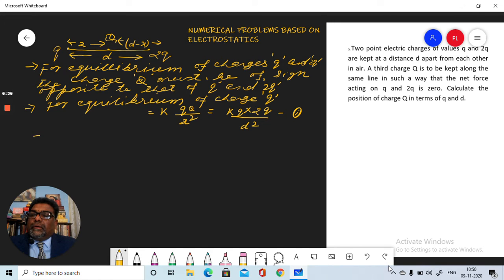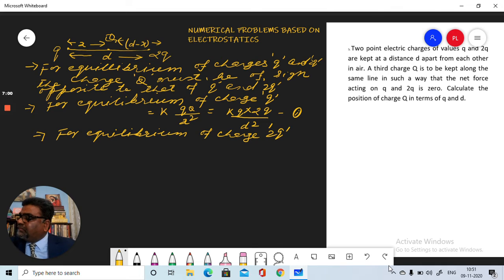Now furthermore we can have a second step, for equilibrium of charge 2q.